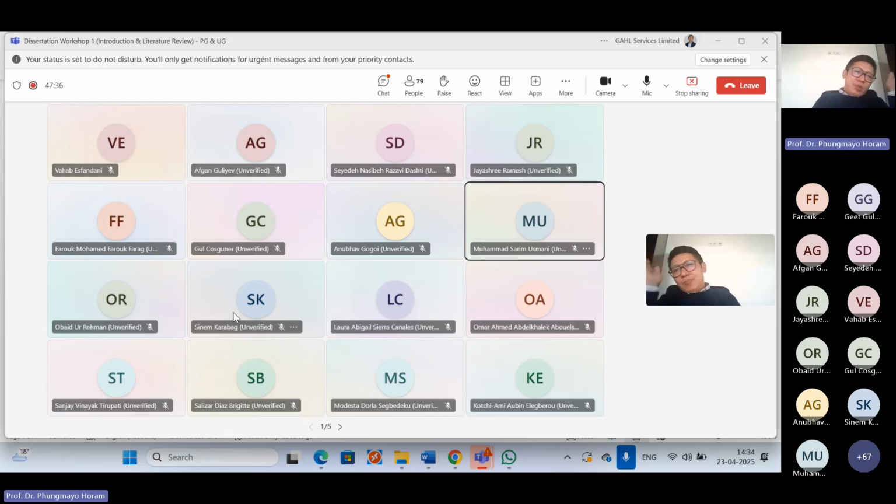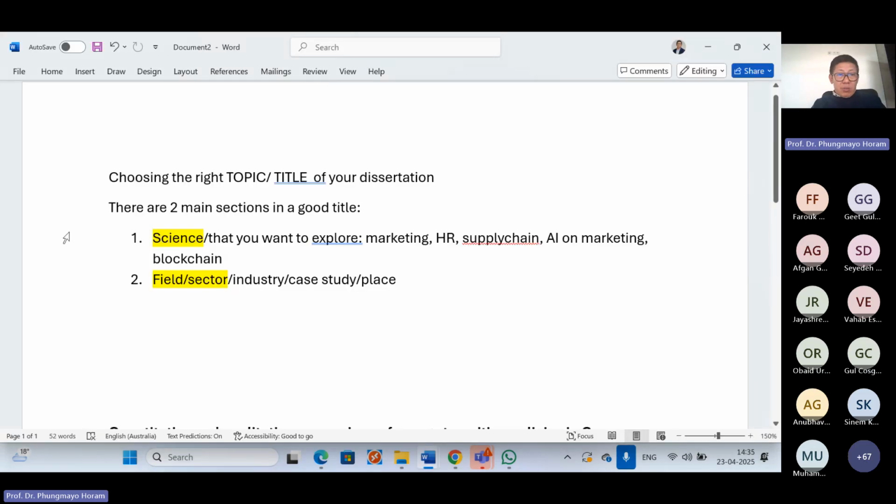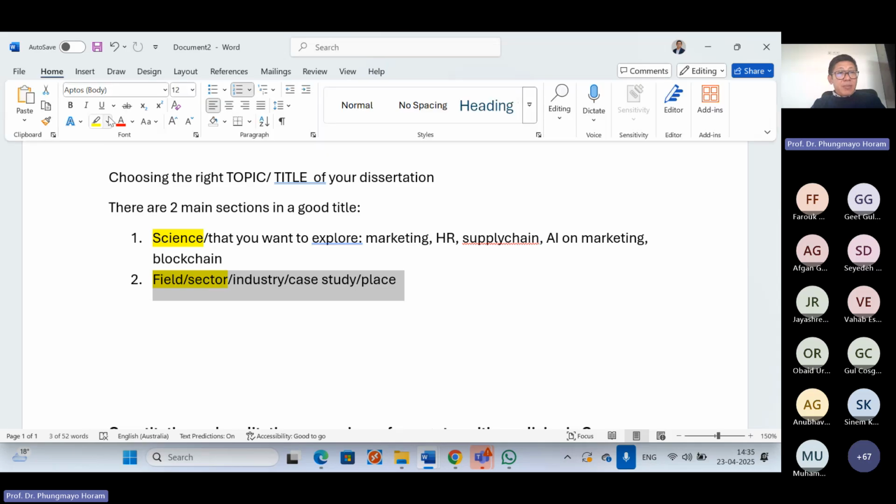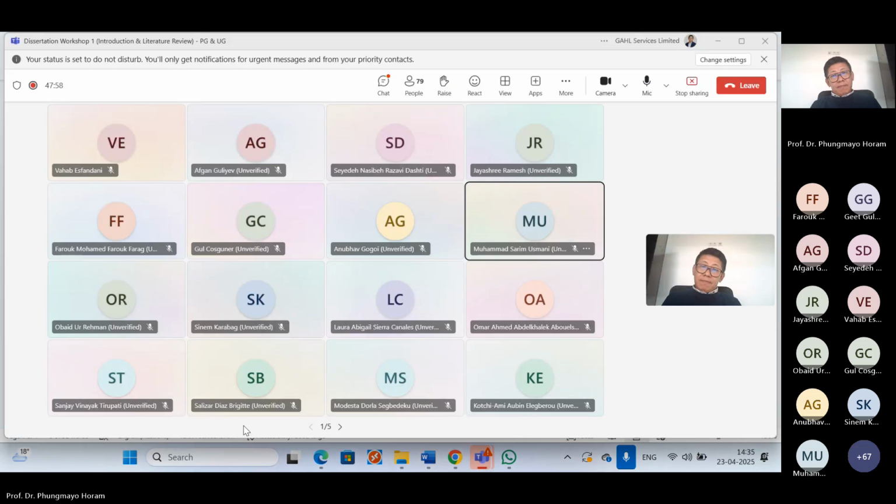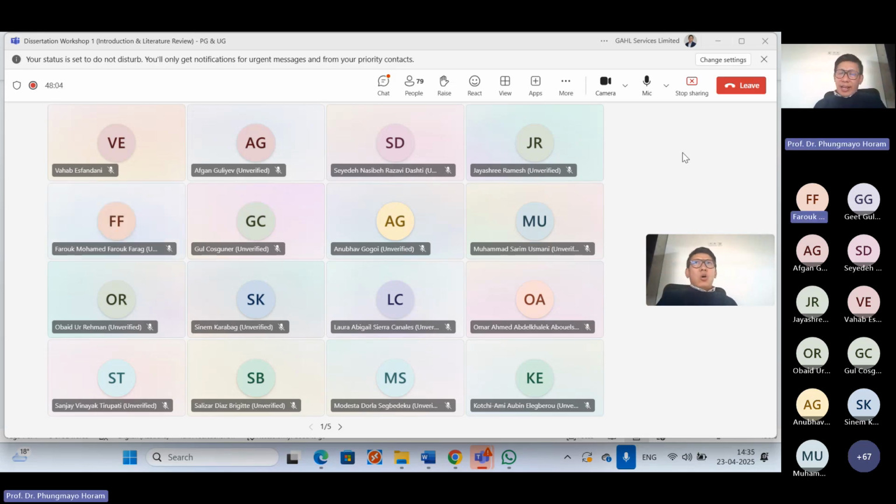But you can explore the state of the art, what's happening in that science. So in that case, Farouk, sometimes the second section might not be relevant for some topics. Okay, thank you.